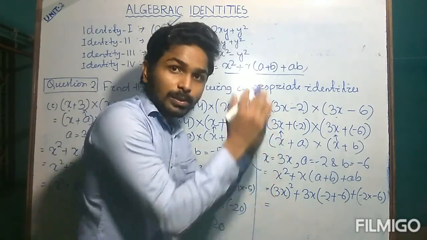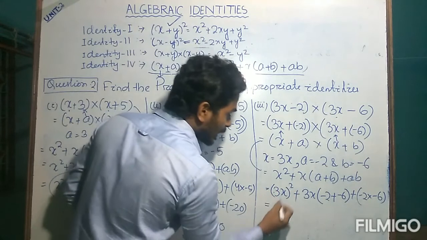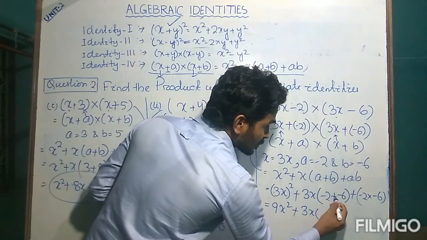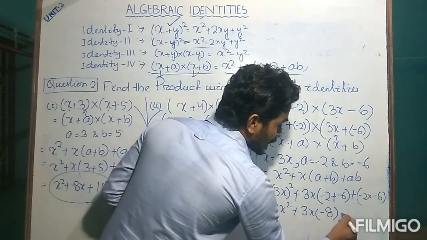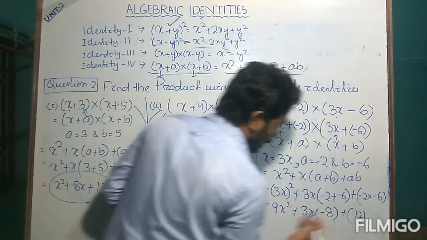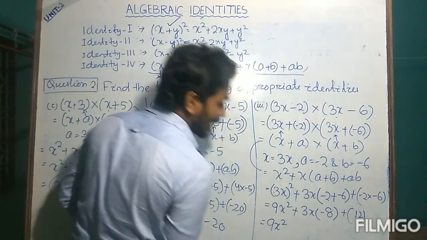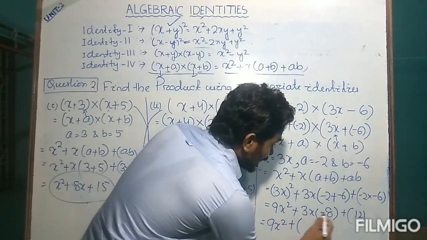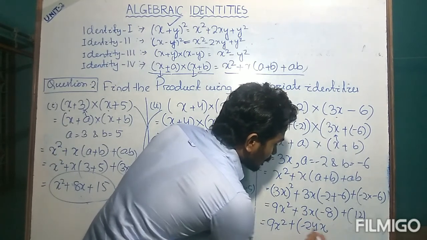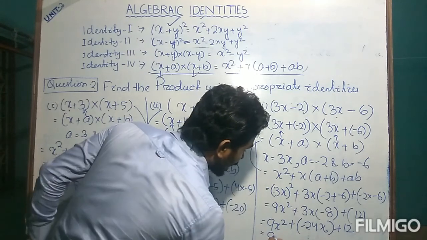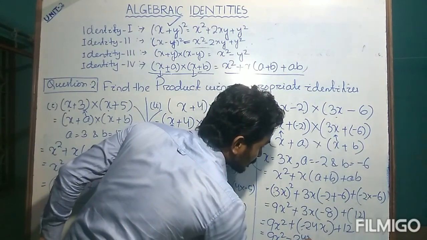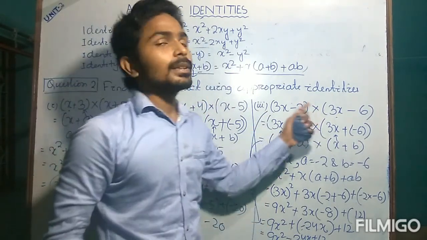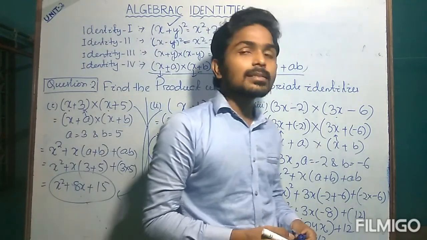Now (3x) whole square, not only 3x square, that means 3 square, 9x square, plus 3x into minus 2 minus 6, which is minus 8, plus 2 times 6 are 12. So the final answer is 9x square, now 3 into 8 is 24x, minus, plus 12. And hence you get 9x square minus 24x plus 12. And here we get the final answer of this product of the two linear polynomials, that is 9x square minus 24x plus 12. Okay.